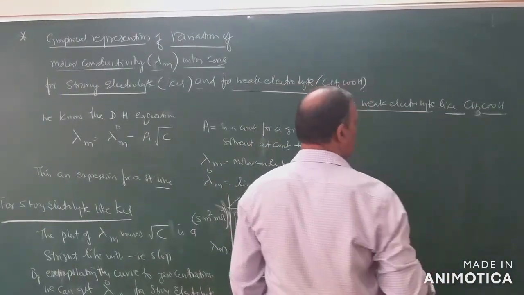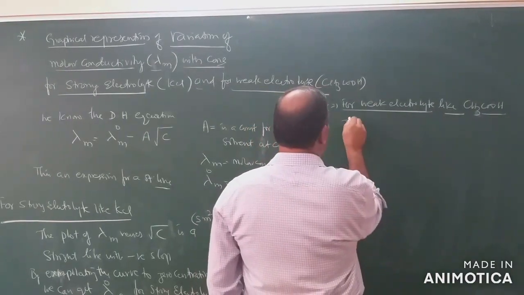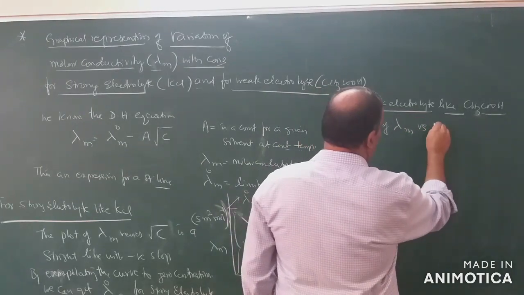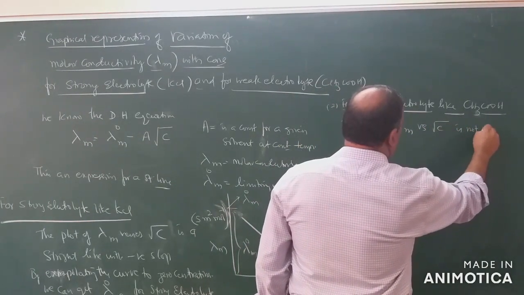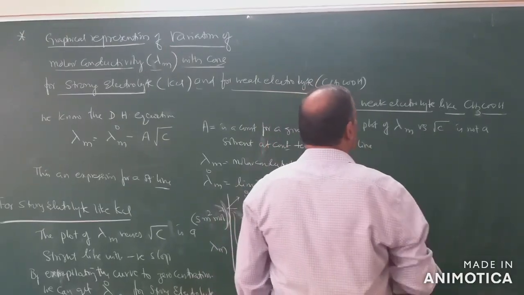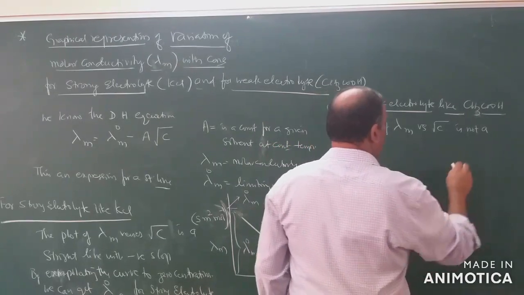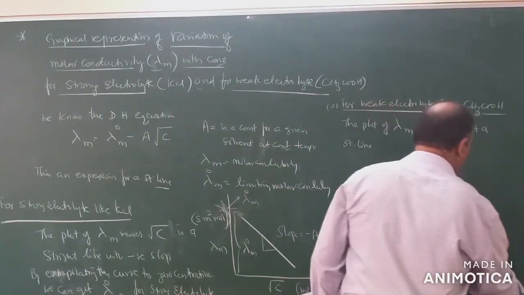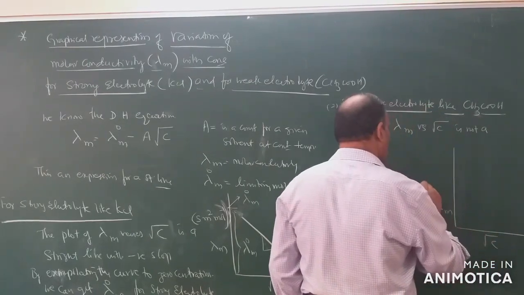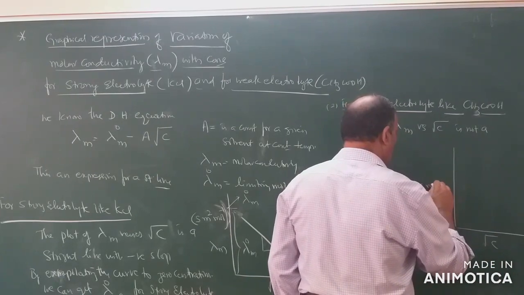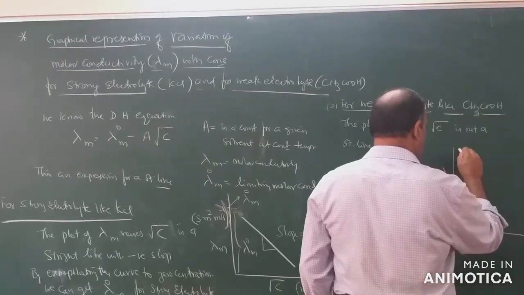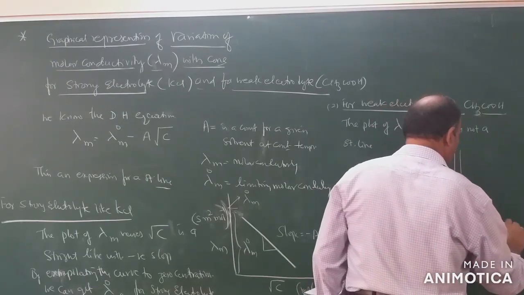For weak electrolytes like CH3COOH, the plot of lambda m versus root C is not a straight line. So it is like this. So this is lambda m versus root C. Lambda m is in Siemens meter square mole minus 1, and this is root C. The curve is not a straight line and it is like this.